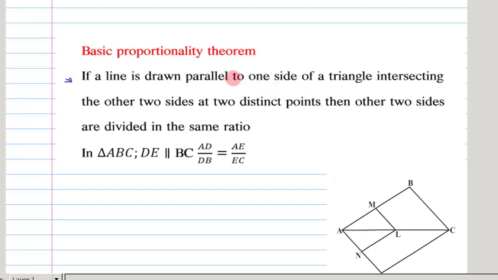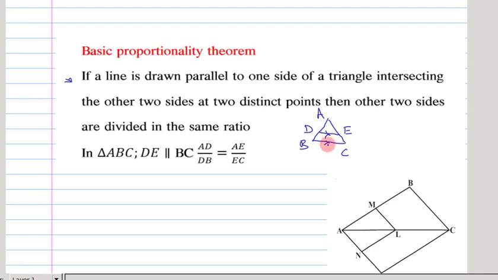If a line is drawn parallel to one side of a triangle, take a triangle ABC, and here I am drawing a line DE parallel to BC. Then DE divides the other two sides. What are the other two sides?